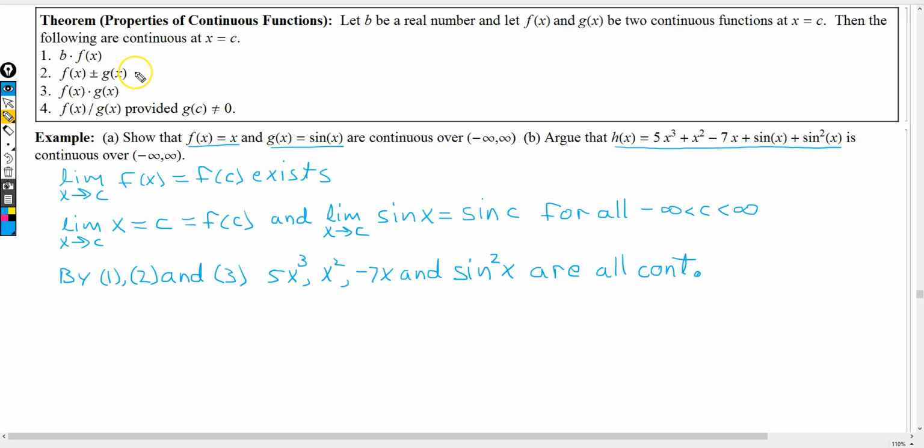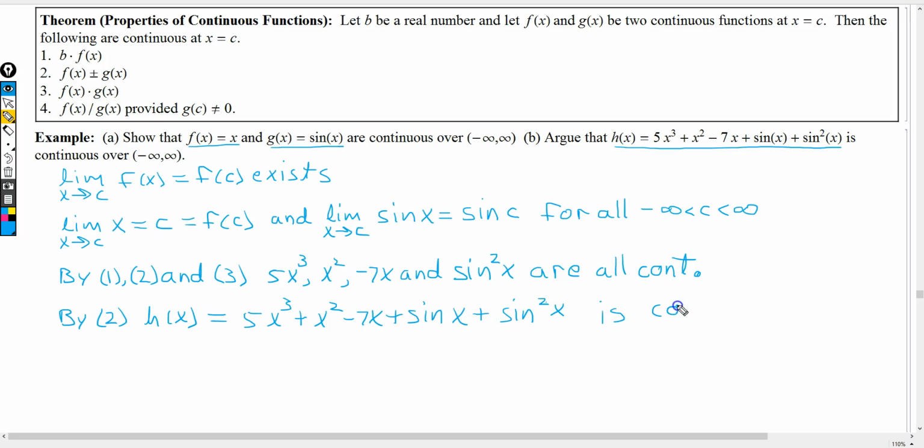And then by property number 2 again, we can conclude that when we add all of these up, it's going to be continuous. So then we can argue that when we add all of them up, this is continuous over all the real numbers as well. So that's how we use this theorem to build very complicated looking functions which we know are continuous from just a few basic functions that we know are continuous.